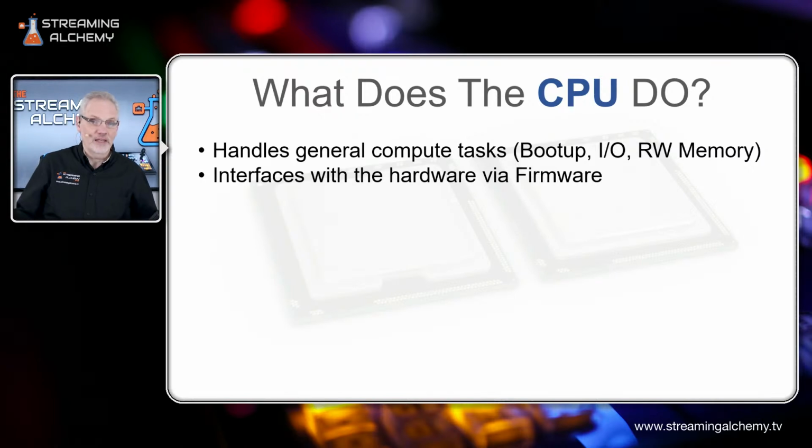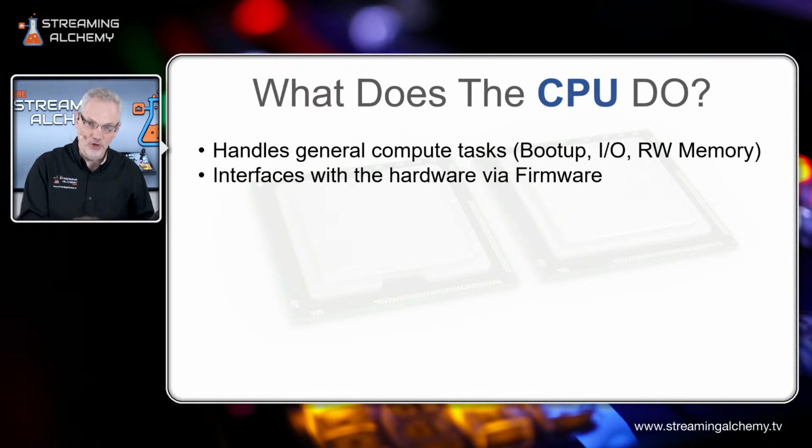It also interfaces with the other hardware in the system through what is called firmware, basically little ASIC chips or other programmable chips on different components you plug into a computer that all provide the smarts for that particular function, but need to talk to the CPU to communicate whatever they do with other components in the system.